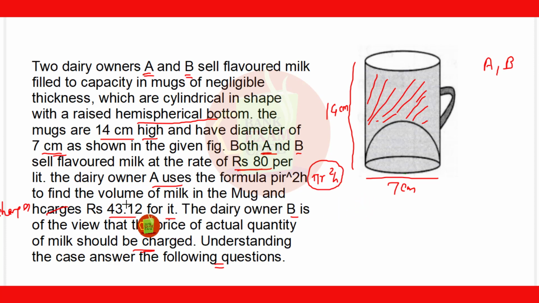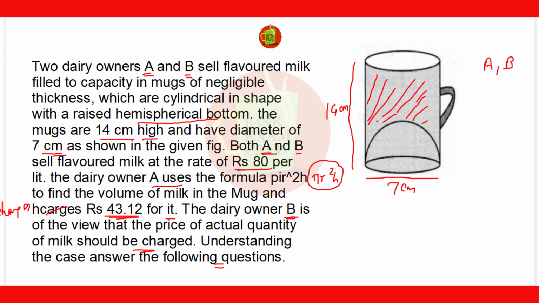And he is charging 43.12 rupees for it. But dairy owner B is of the view that the price of the actual quantity of the milk should be charged. Understanding the case, answer the following questions.